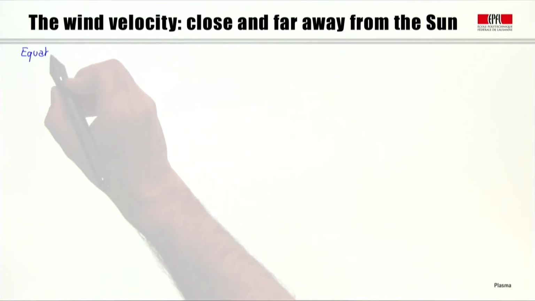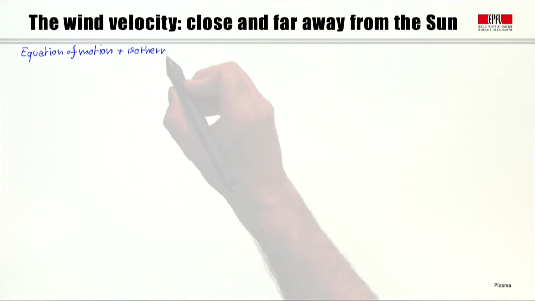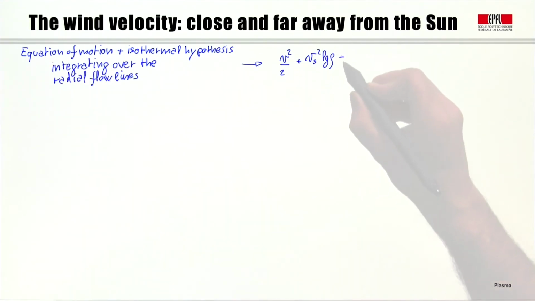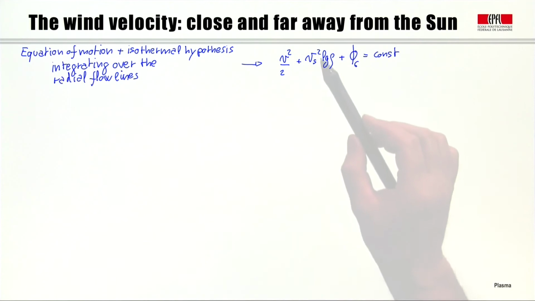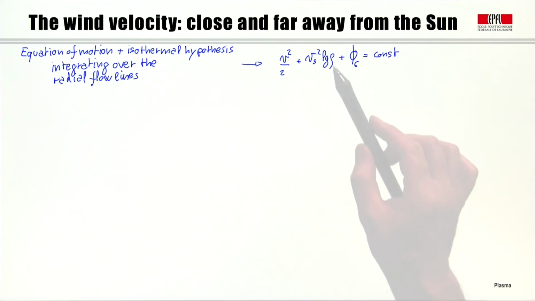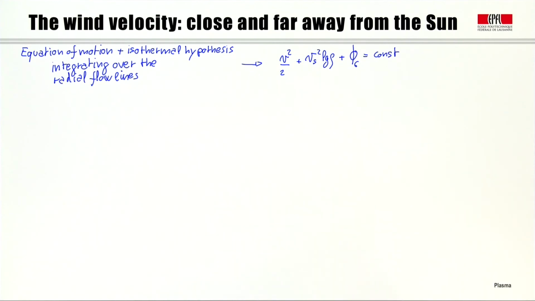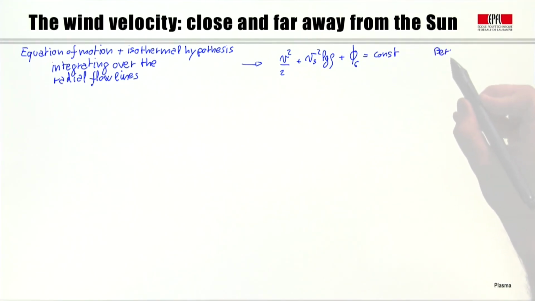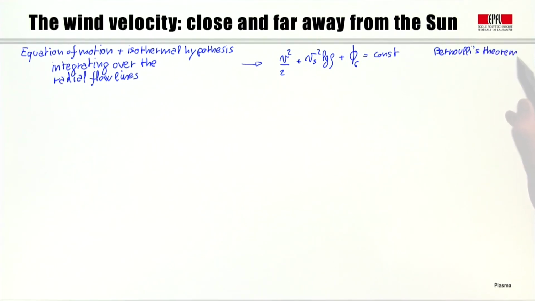Using the equation of motion and the isothermal hypothesis, we can integrate along flow lines and obtain that the square of the velocity divided by 2 plus the sound speed squared times the logarithm of the density plus the gravitational energy is a constant of the motion. This equation is nothing else than a version of Bernoulli's theorem that you may use in very different fields.